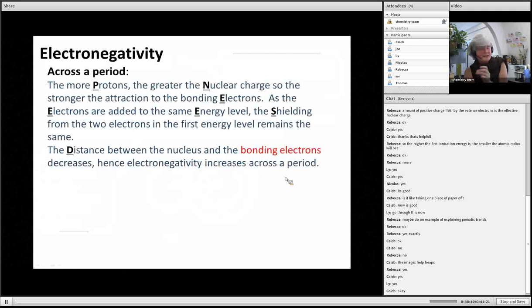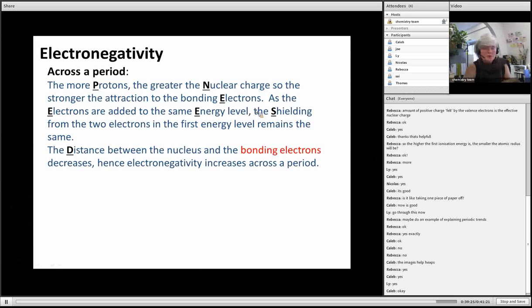Okay. So can you see what I've got up there? It's nearly identical writing. So you could actually rote learn this if you want to, just be prepared to understand it enough, so if they give you a specific example, you phrase your answer to that specific example. So it's the same thing. As we go across the period, we're adding more protons to the elements. That means I've got a bigger nuclear charge, which means I've got a stronger attraction between the nucleus and the bonding electrons.